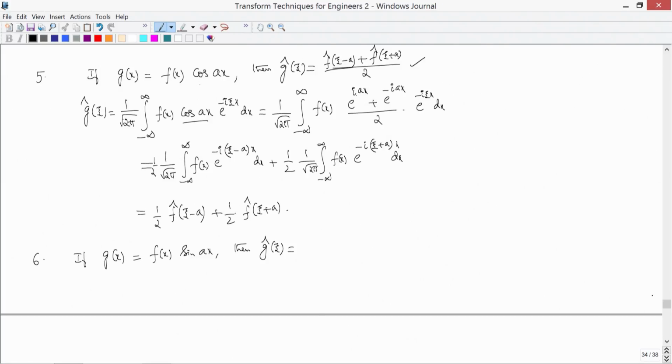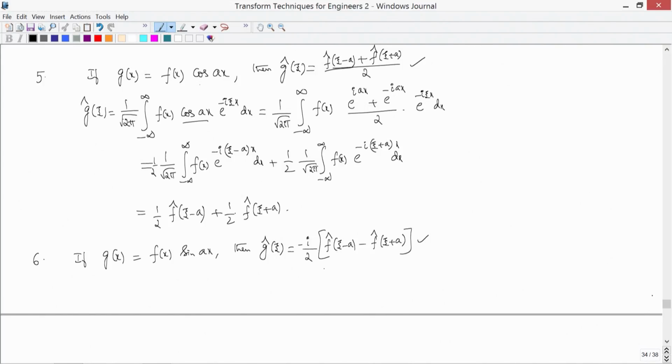So you have e power iax minus e power minus iax divided by 2i. So instead of 2 you get 1 by 2i, and 1 by 2i is minus I by 2, because 1 by I is minus I. Because of that this is minus I by 2, f cap of xi minus a, and now you have a minus part, so minus f cap of xi plus a.